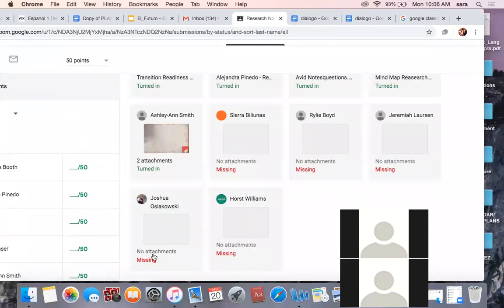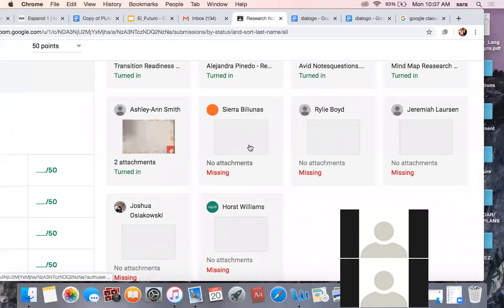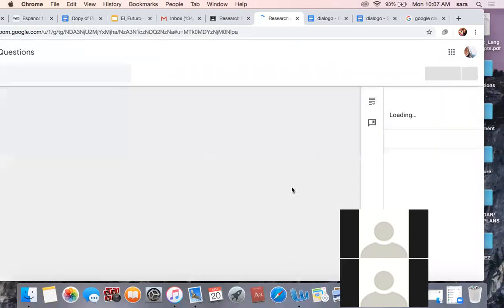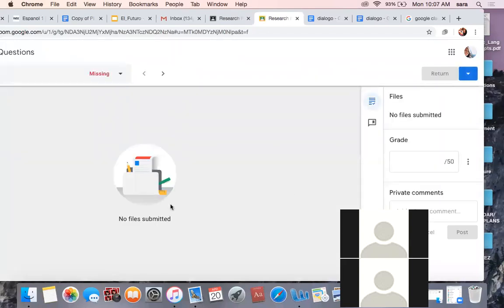It looks like, well, it says missing, but a lot of the times what I'll have is people think they turned stuff in. Well, these people turned it in through PDFs, doesn't matter, right? But I click on it and all I see is blank. Like I see this, right? Well, this person's gonna get a 0 because there's nothing I can grade. I mean, even if they did do the work, I can't.